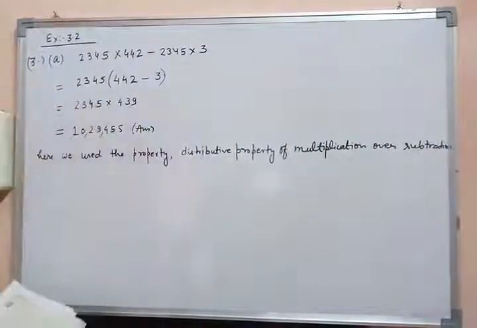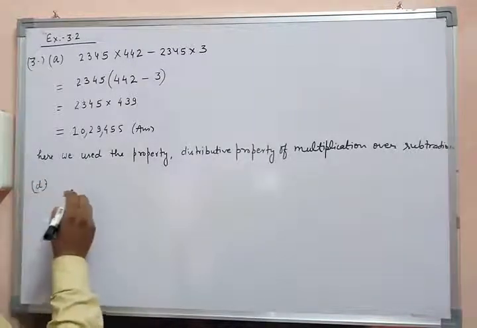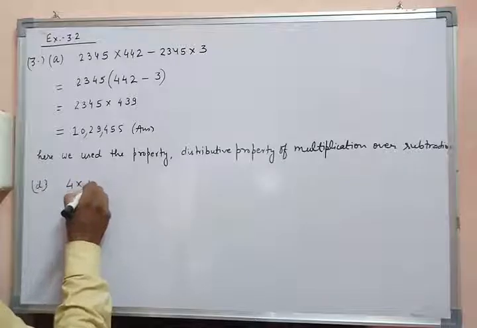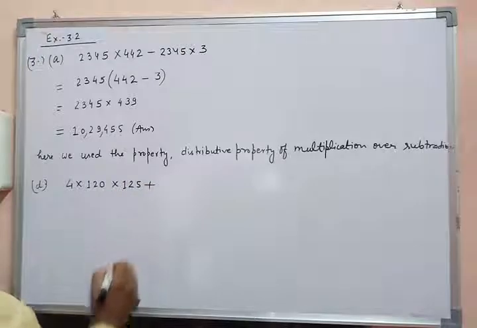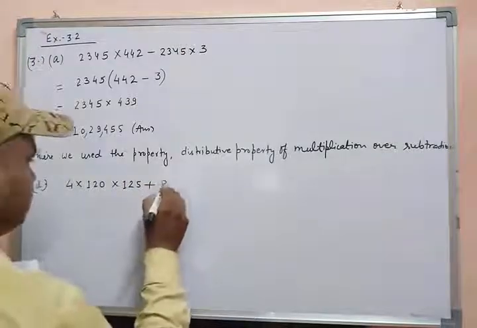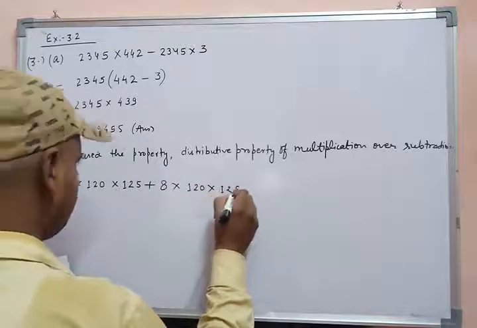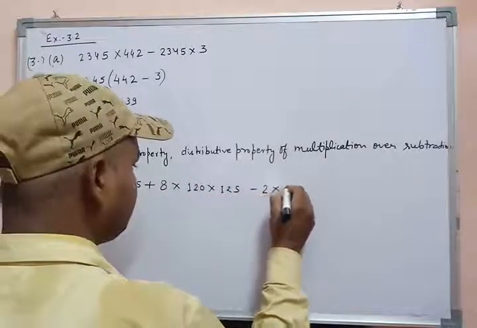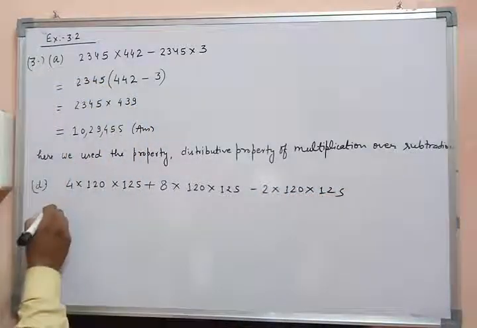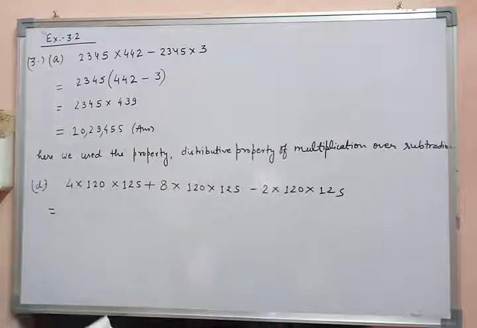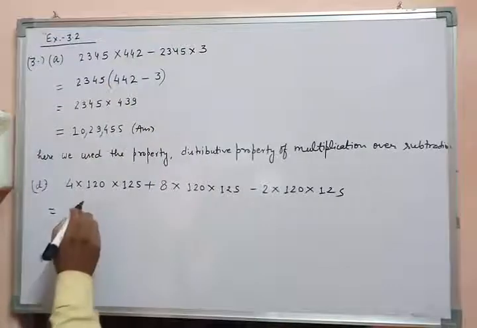Okay, now students, again here we can solve question number D. It is 4 multiplied by 120 into 125 plus 8 multiplied by 120 into 125 minus 2 into 120 into 125. Now students, in this question we again take the common number.